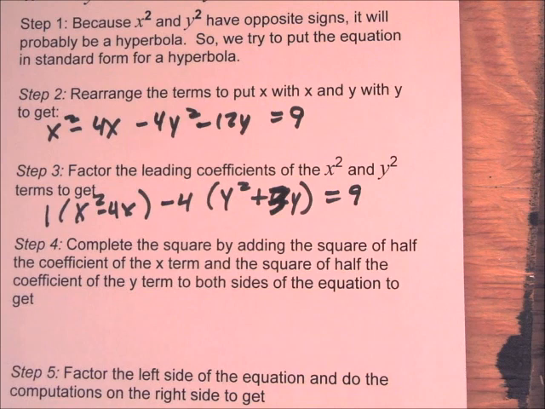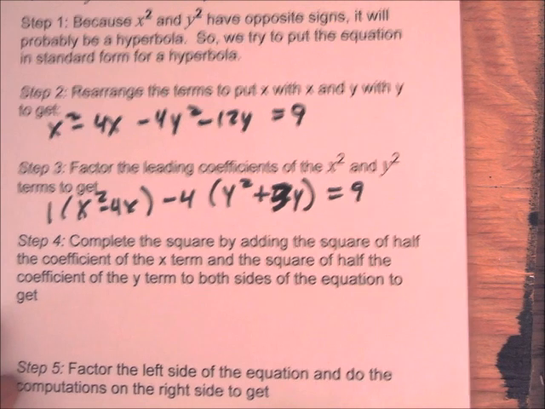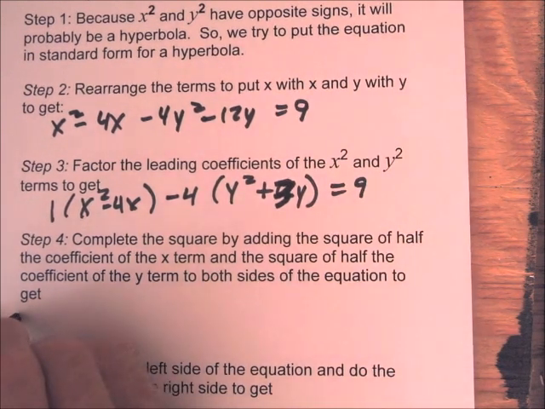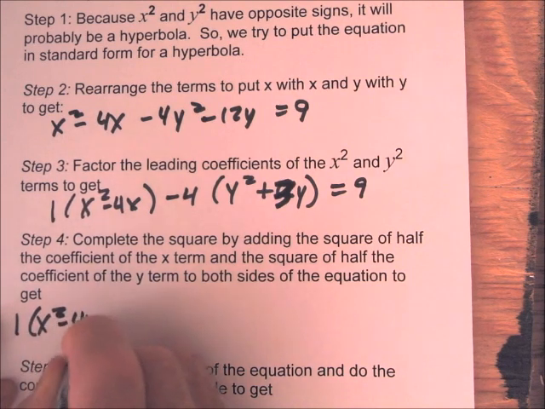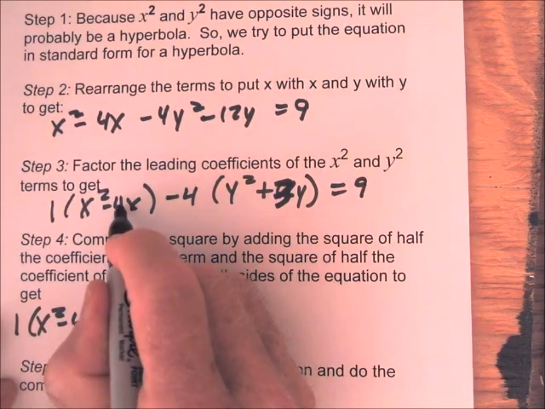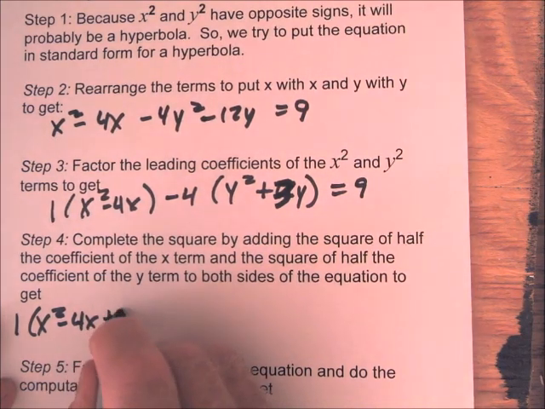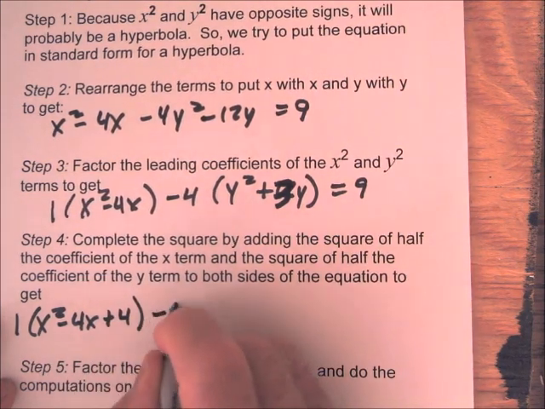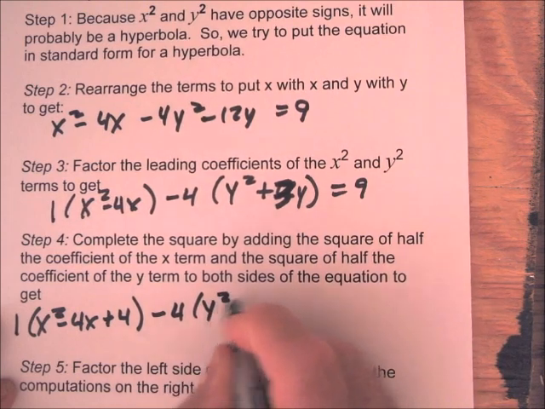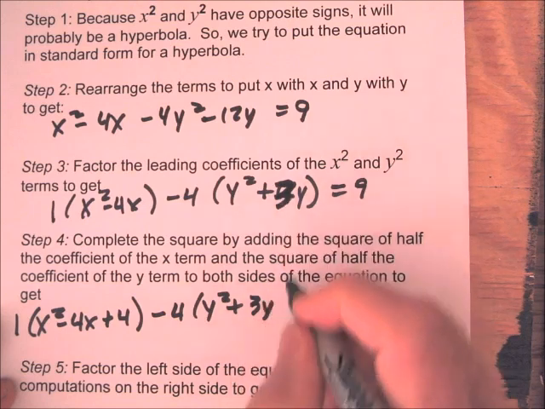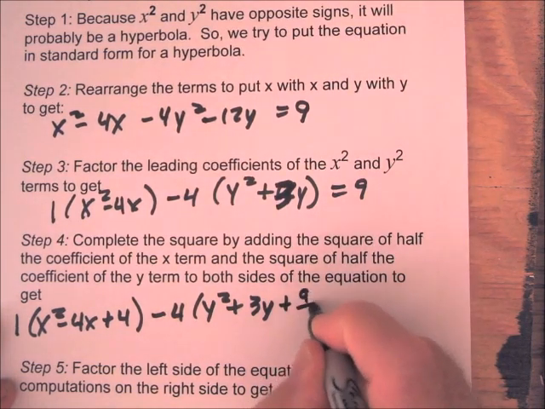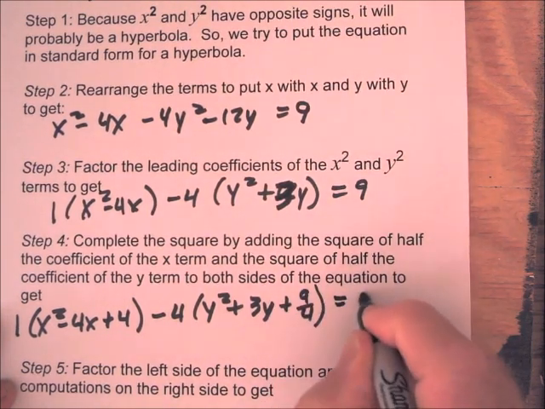Now we can complete the square. So I'll rewrite this as 1 parentheses x squared minus 4x. Half of 4 is 2. 2 squared is 4. So I want to add 4 here. And y squared plus 3y. Half of 3 is 3 halves. 3 halves squared is 9 fourths. Add 9 fourths here, equals 9.